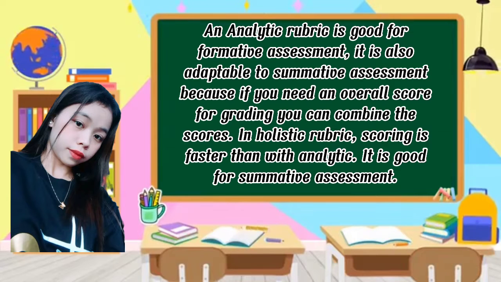So an analytic rubric is good for formative assessment. It is also adaptable to summative assessment because if you need an overall score for grading, you can combine the scores. In a holistic rubric, scoring is faster than with analytic, and it is good for summative assessment.